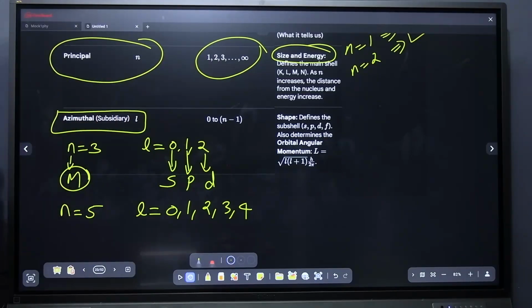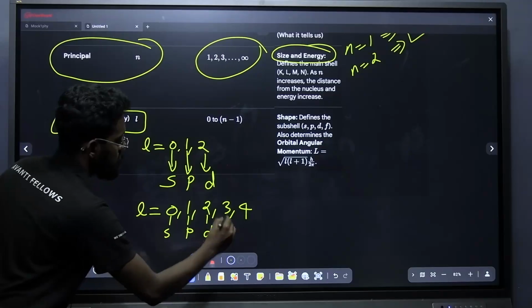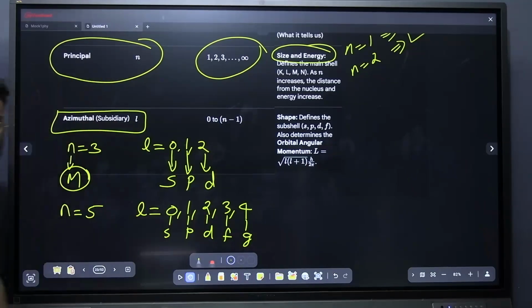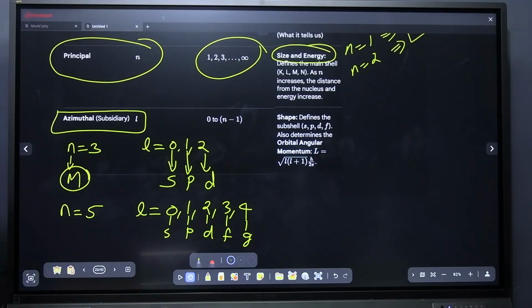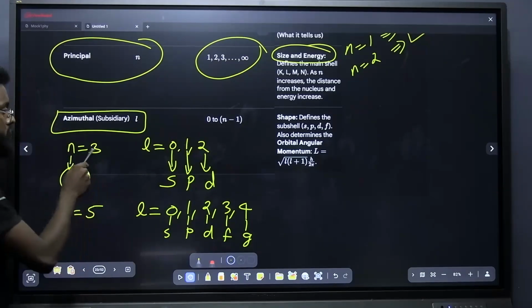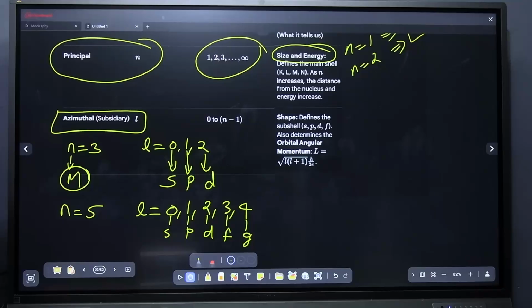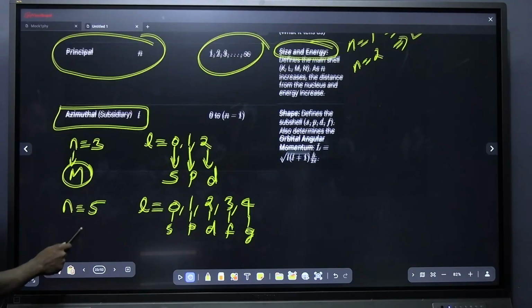This is s, this is p, this is d, this is f, and this is g, which are not that much pronounced. Got it? The l values are from 0 to n minus 1. Here n is 5, so l goes up to 1 less than that. Okay, got it? Any other doubts?